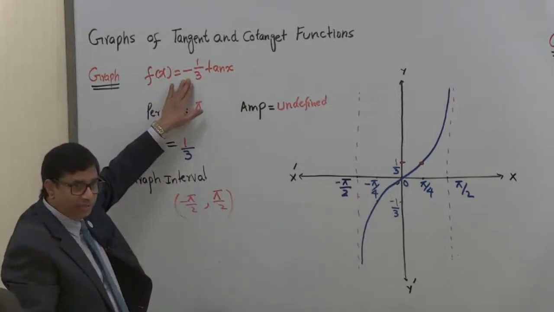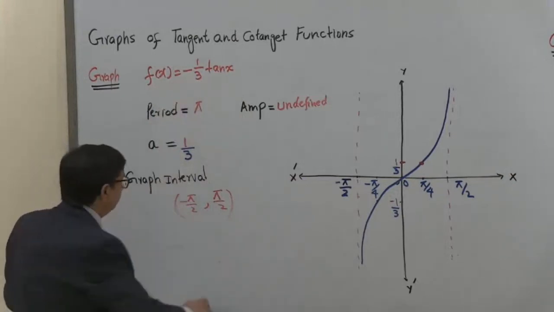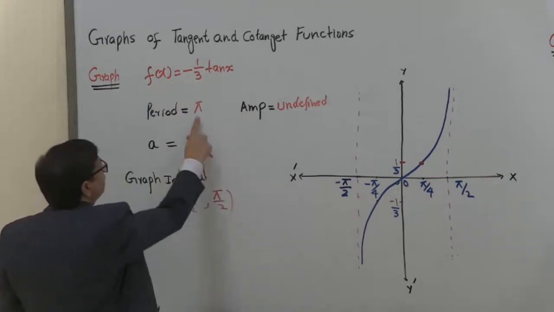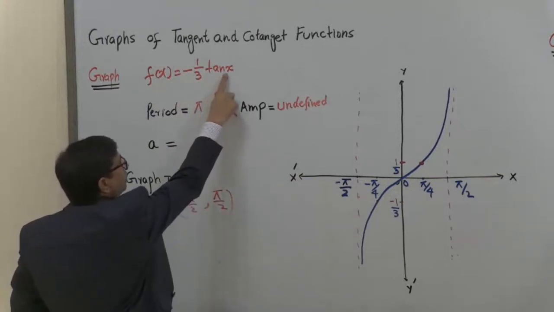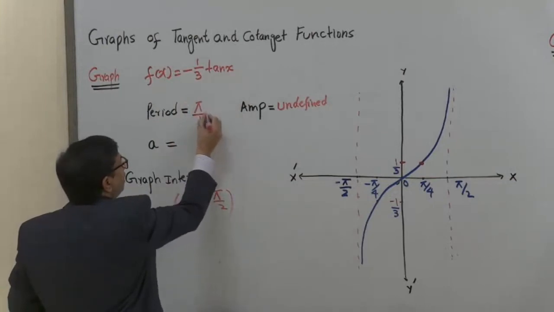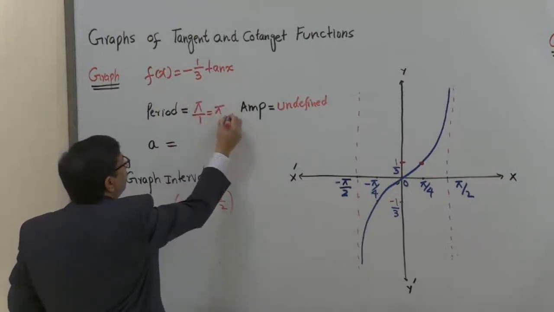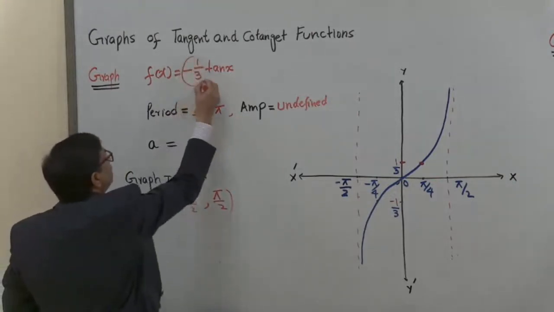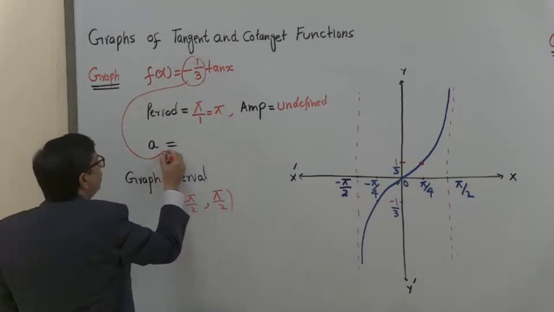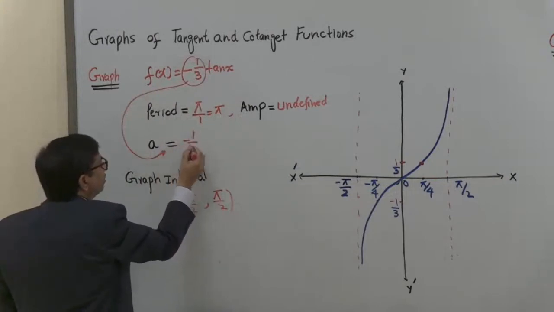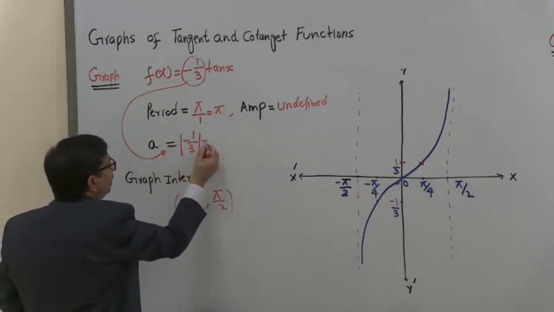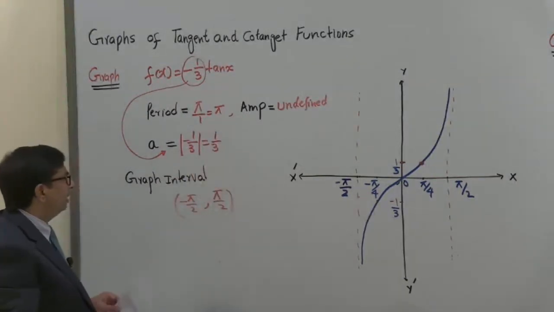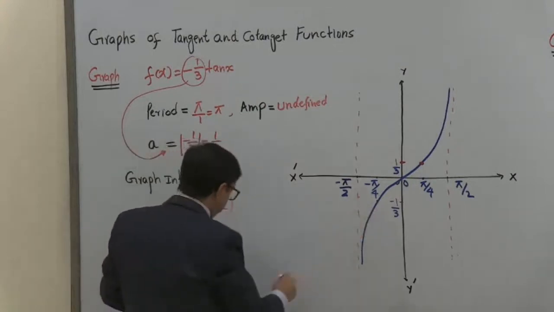Okay, 1 over 3. What will happen? The period of tangent x stays the same because there is one coefficient, and dividing by 1 gives you period pi. A is the number before this one. This is the value of A, which we write over here, but this is negative, so we take positive. Always take the absolute value of this one. If you take negative, it comes negative below this.